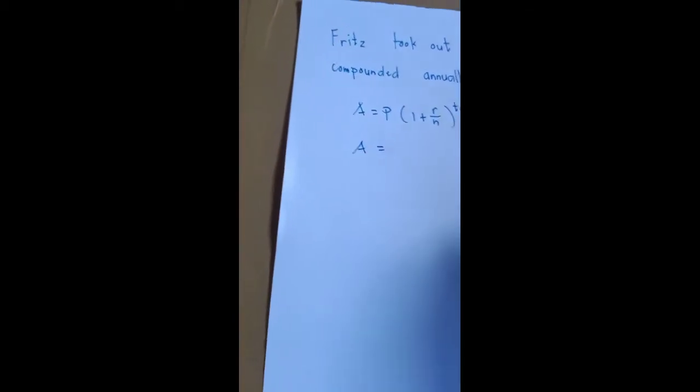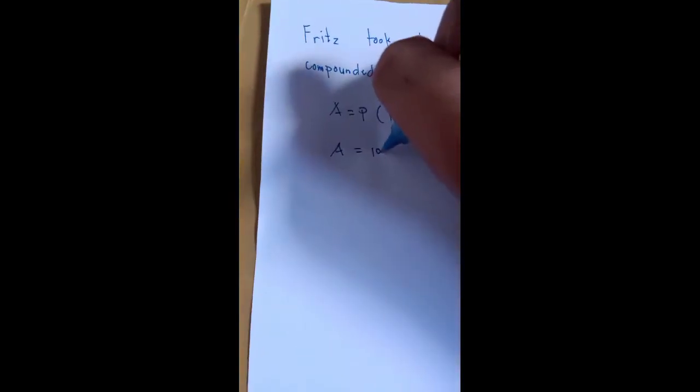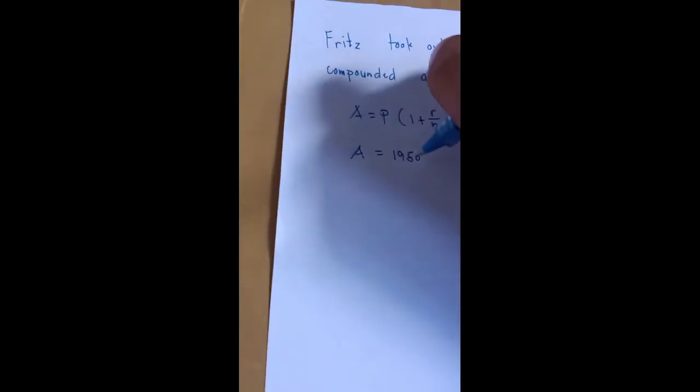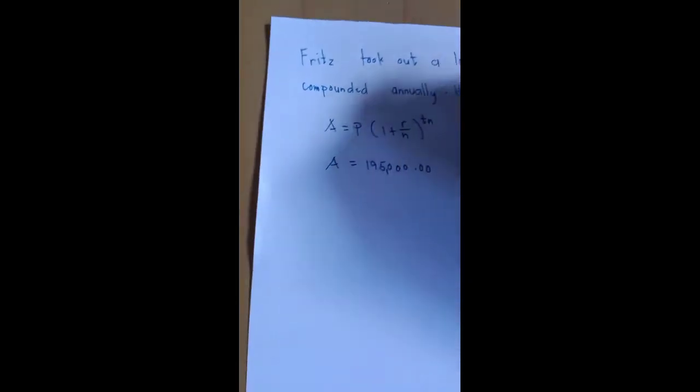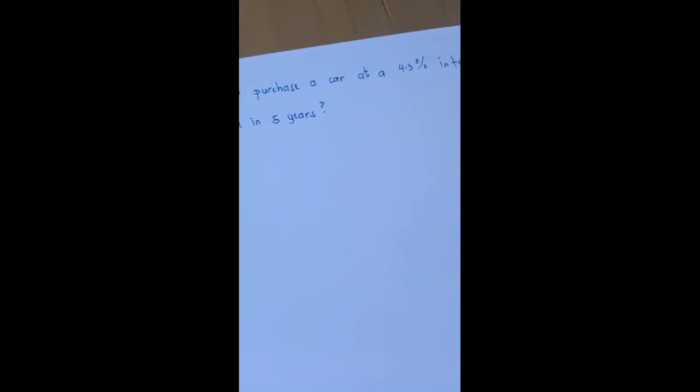A equals, the principal will be 195,000, times open parenthesis 1 plus the rate, which is 4.3.